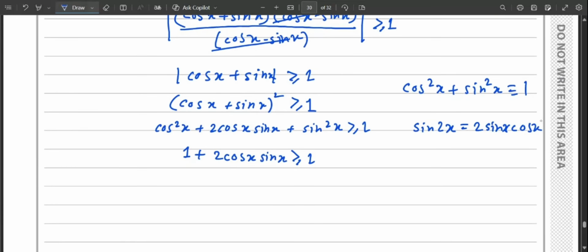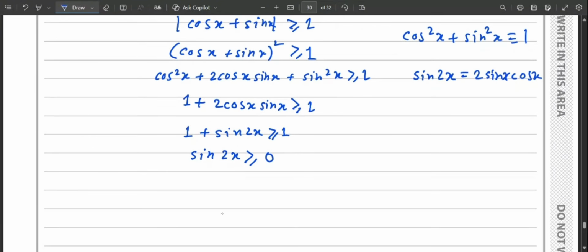So we can write 1 plus sine 2x is greater than or equal to 1. We move our constant term 1 to the right side, and this will give us sine 2x is greater than or equal to 1 minus 1, which is 0.